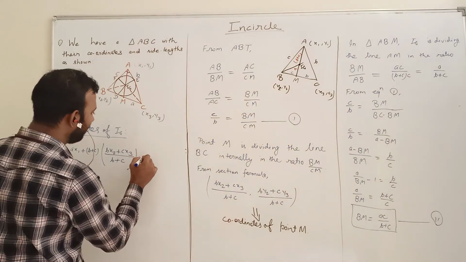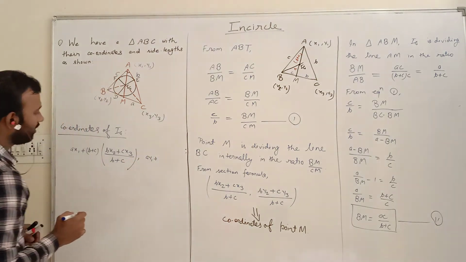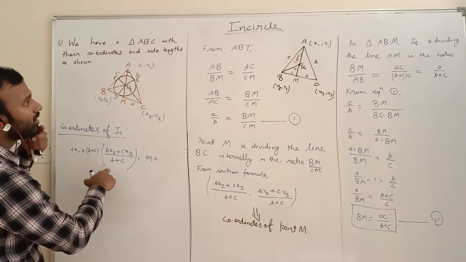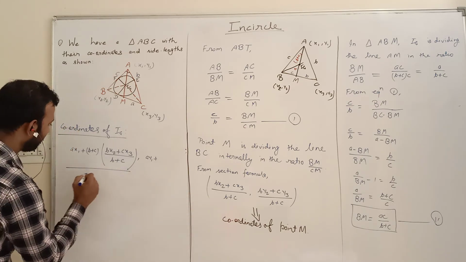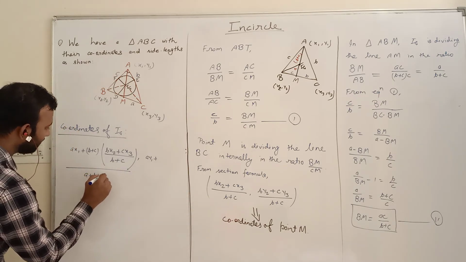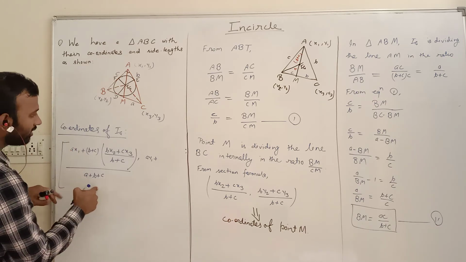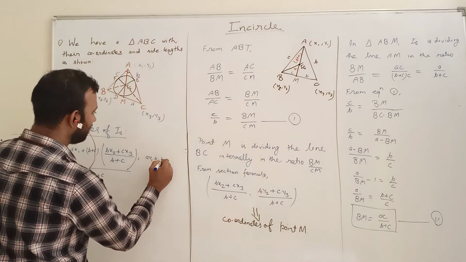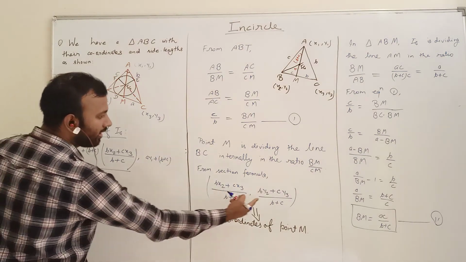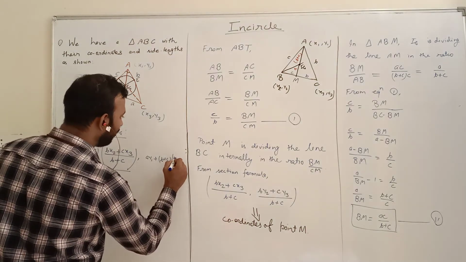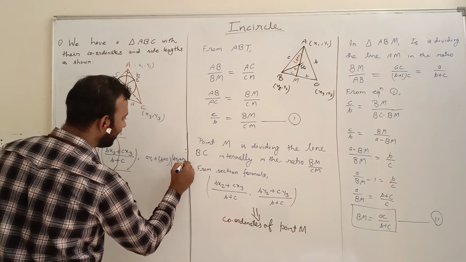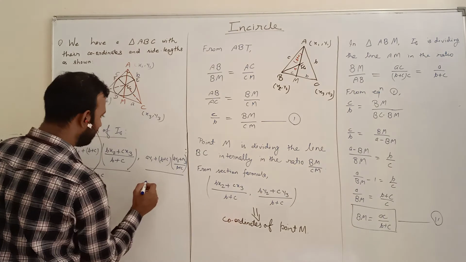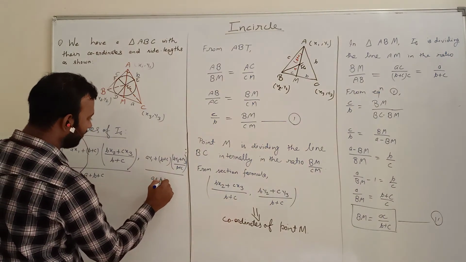The y coordinate is ay1 plus B plus C times by2 plus cy3 upon B plus C, upon a plus B plus C.